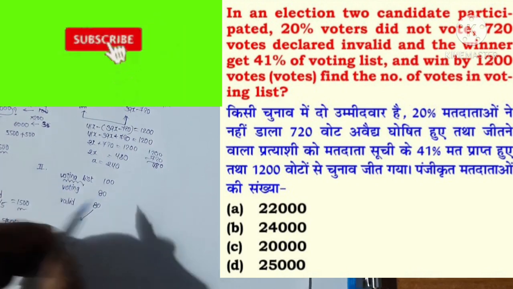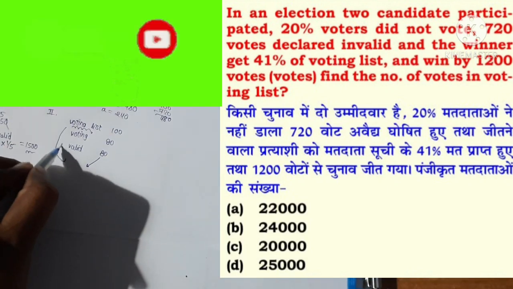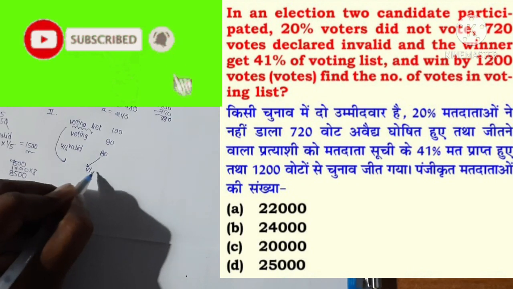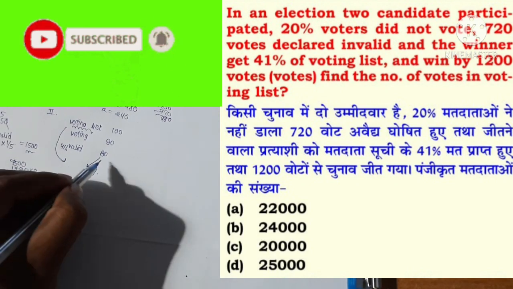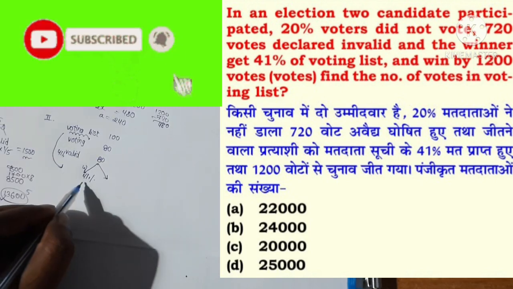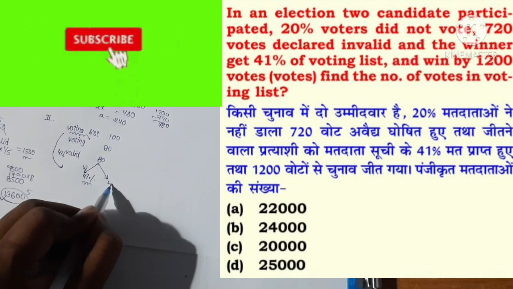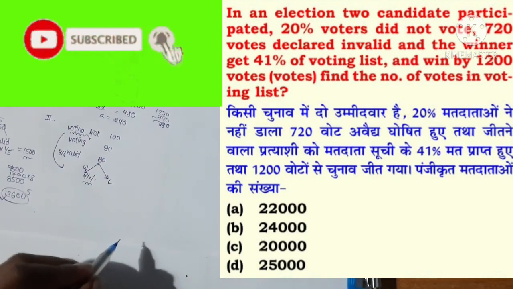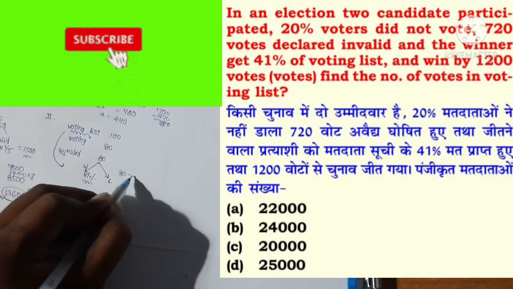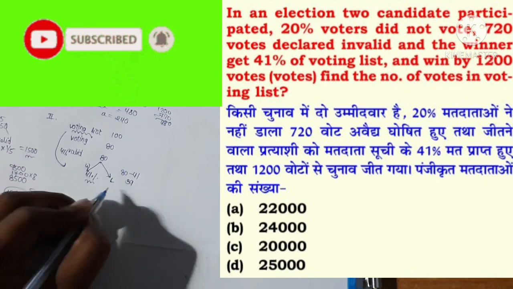The winner will get 41 percentage of the voting list. The voting list is 100, so 41 percentage is 41. The losing person can get valid minus winning, so the difference is 39.